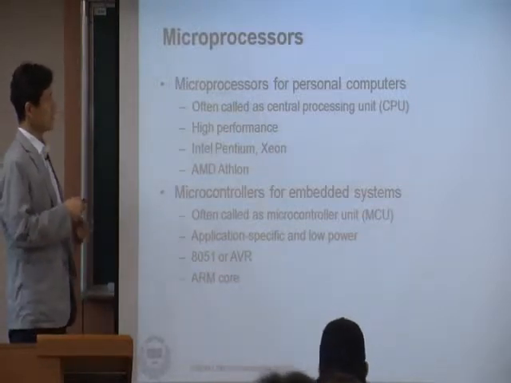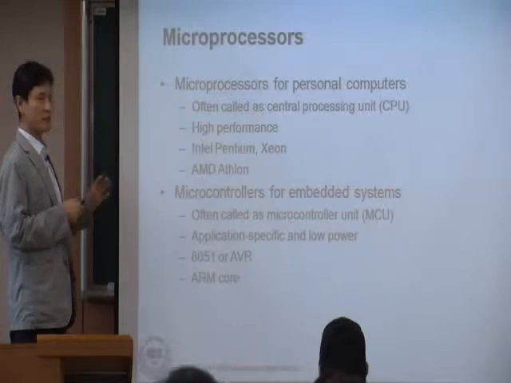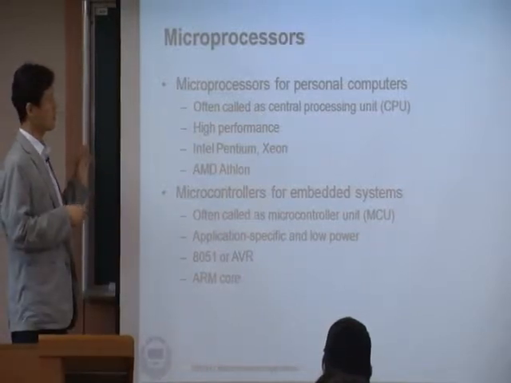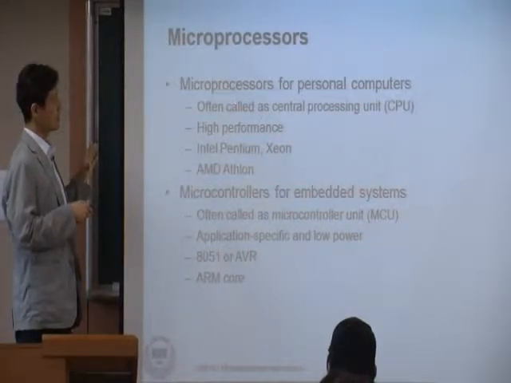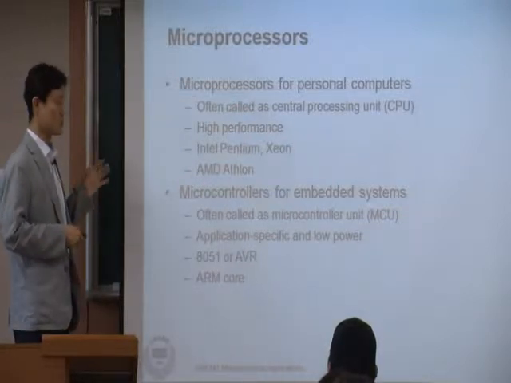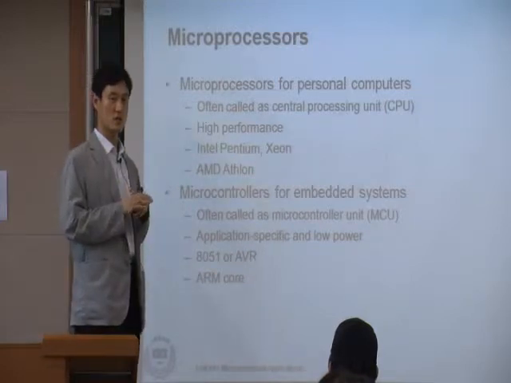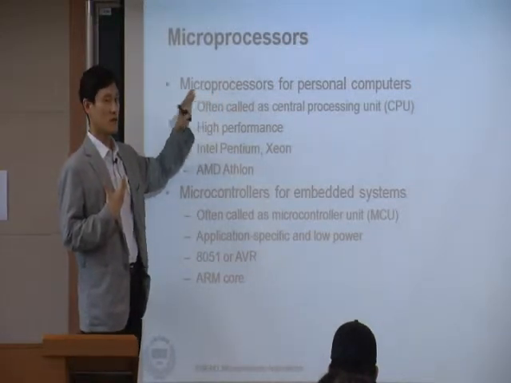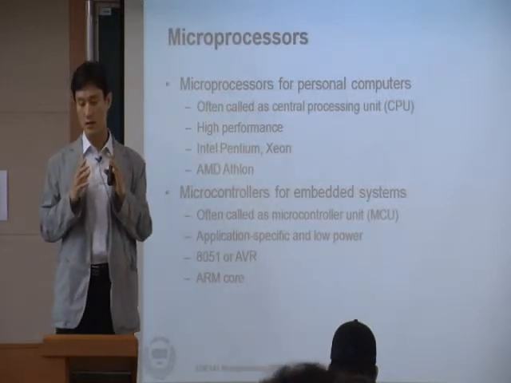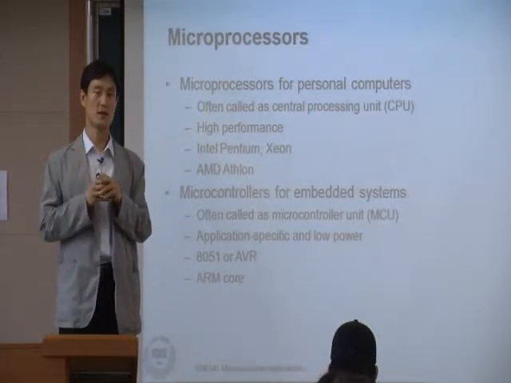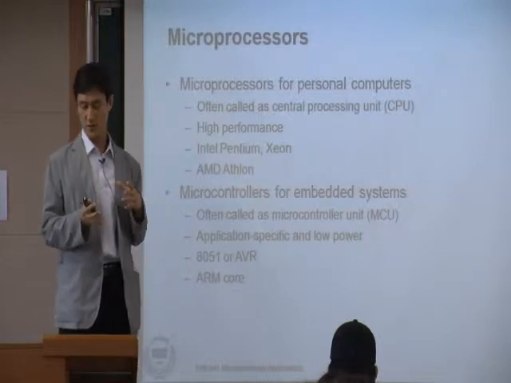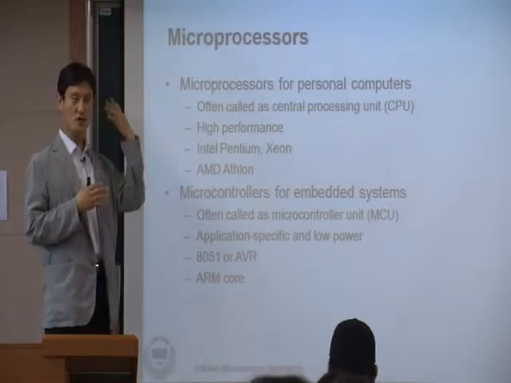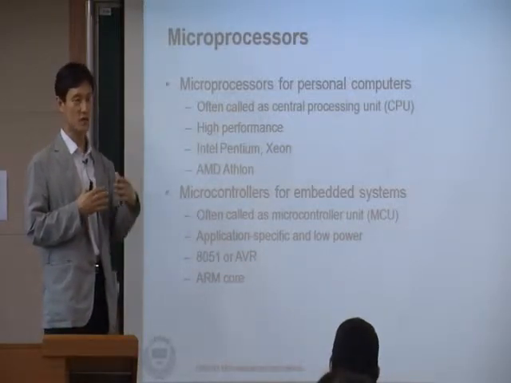So first of all, I think we already discussed these things, but we want to remember the difference between microprocessors and microcontrollers. Remember that I gave you the illustration of a human being, right? The microprocessor is like a human who uses a lot of brain to do a lot of jobs.